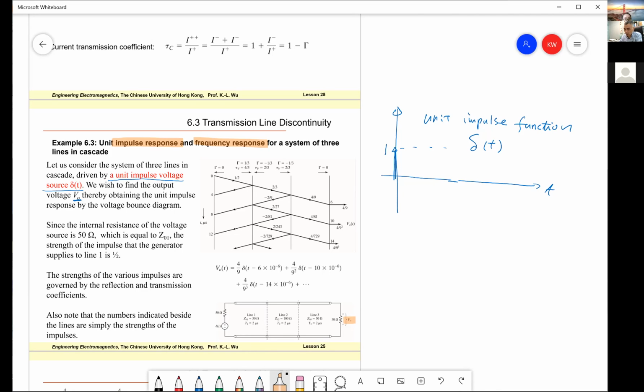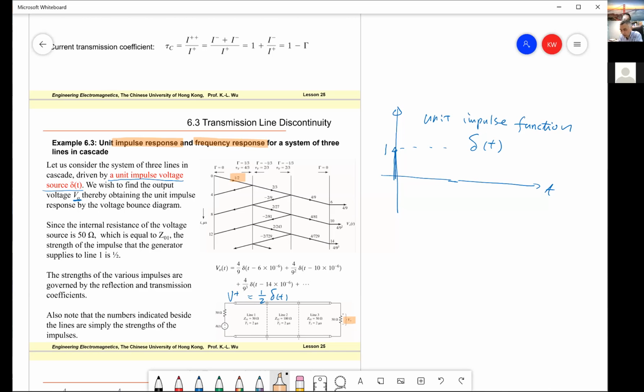Now let's start. When the impulse starts, the source sees 50 ohm and 50 ohm, so half of the voltage is applied to the transmission line. So the initial voltage equals 1/2 of the delta function.